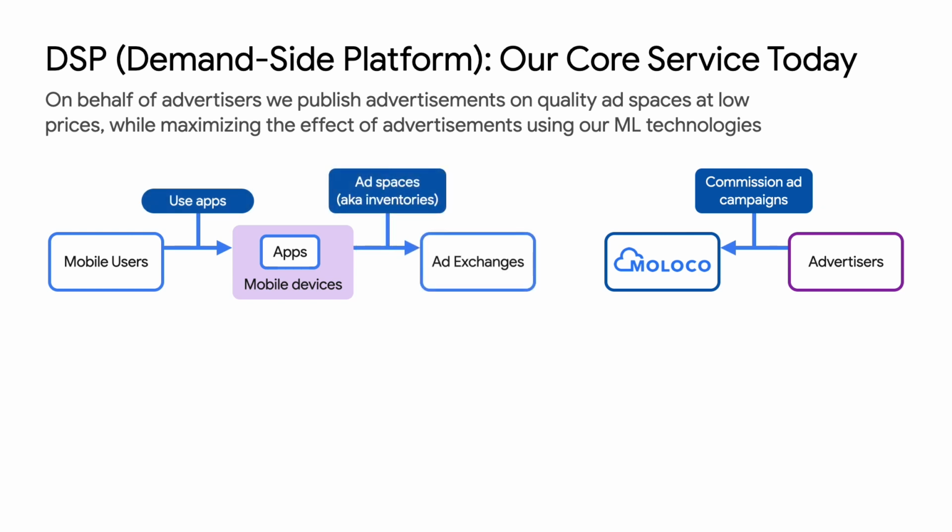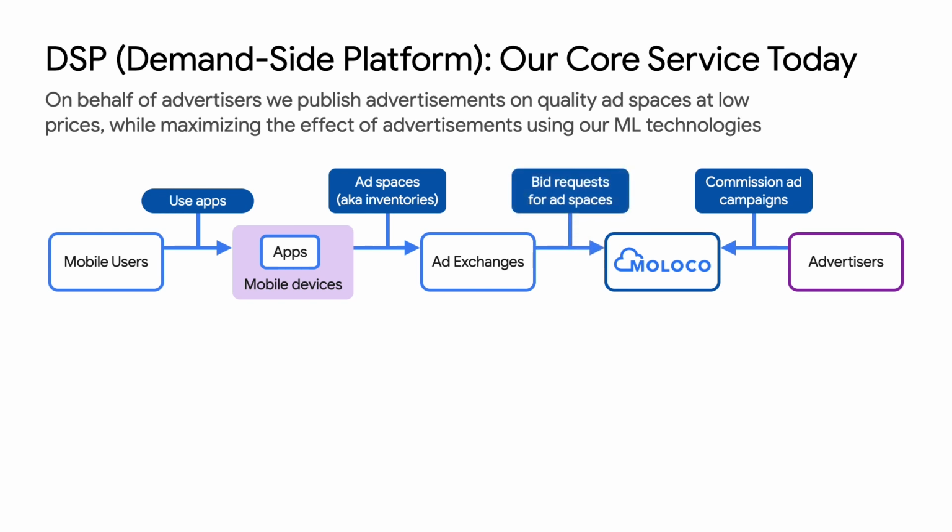This matchmaking is done through what we call advertisement exchanges, or ad exchanges. These are similar to stock exchanges like NYSE and NASDAQ, where supply and demand meet together and arrive at the right outcomes through online bidding.